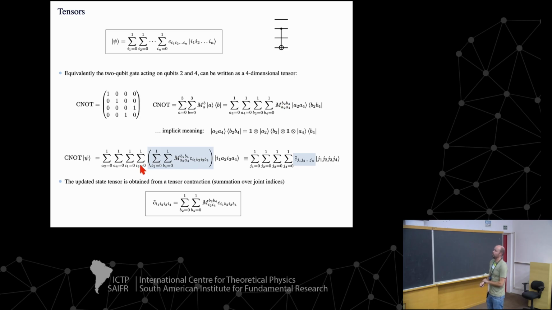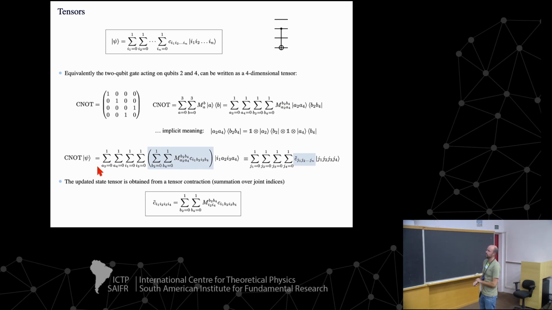And then if I want to apply this C0 unitary to my state, I have to do something like this. I have to sum over all of the indices that are in my Hilbert space, and then do this actual summation of this gate applied to my state. So the prescription for updating a certain amplitude of my state in the tensor would be given by this. This is actually quite a simple step.